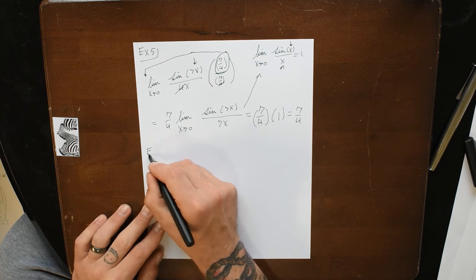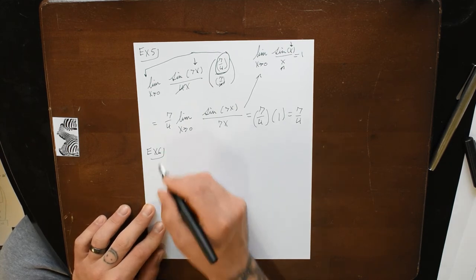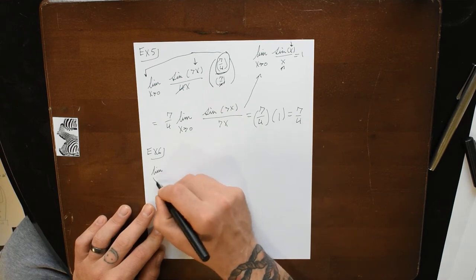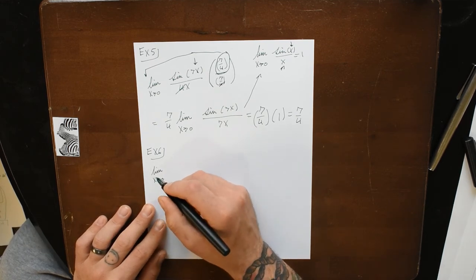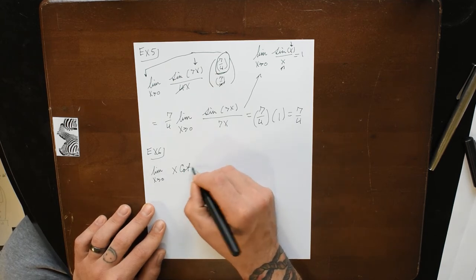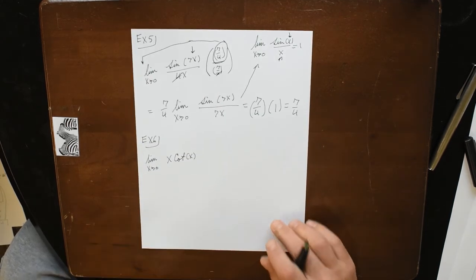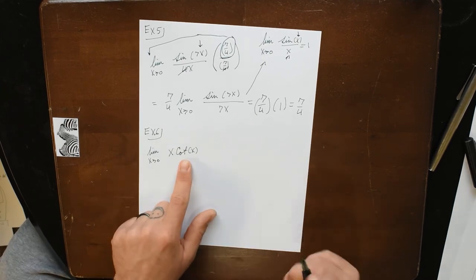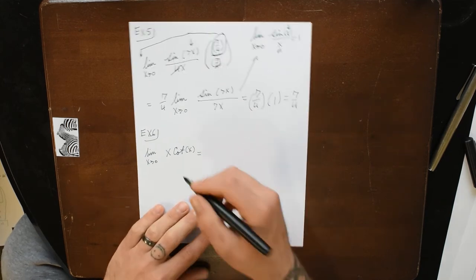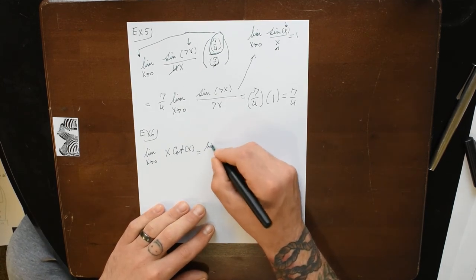Another way is if we wanted to take the limit as x goes off to 0 of x times the cotangent of x. Well, whenever I see cotangents, tangents, secants, or cosecants, I always turn them into sines and cosines.